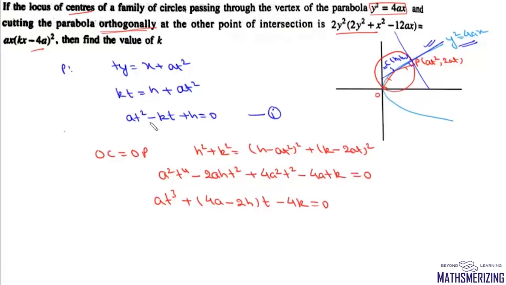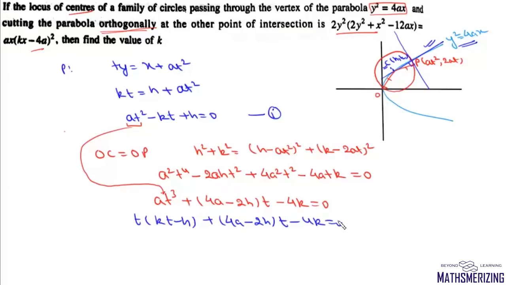Now we'll need to eliminate this t. So what we'll do is we'll take this at square and put the value of at square in this first expression. So we'll take this t common, and then we'll write at square as kt minus h. So it'll be kt minus h plus 4a minus 2h into t minus 4k equals 0.